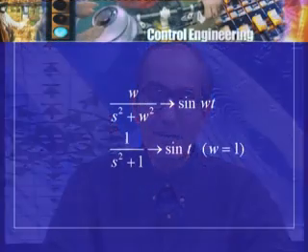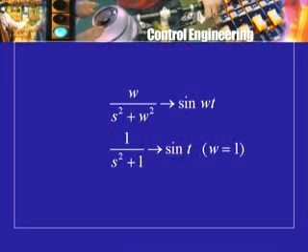One more thing that an electrical engineer and certainly a control engineer has to remember: not only Laplace transform what it is, but also Laplace transforms of some simple functions like the sine function here, sine omega t. Laplace transform is omega divided by s squared plus omega square. But what I have right now is not sine omega t, but I have sine t, which means I am considering a situation where omega is 1.